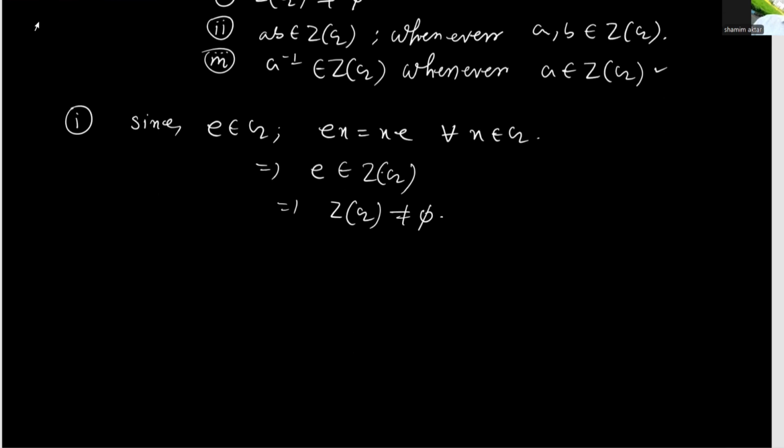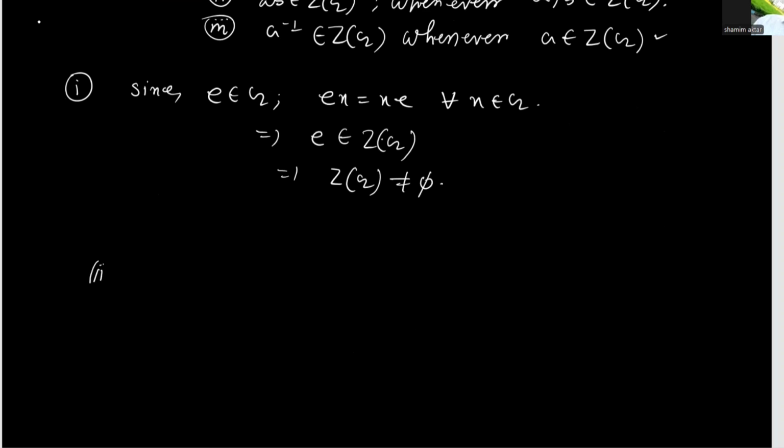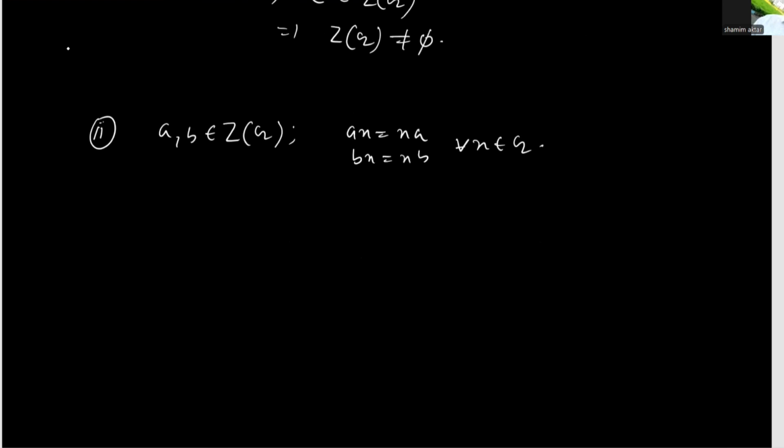Now the second. Let a, b belong to the center of G. Okay, by the definition of the center of G, ax = xa and bx = xb for all x belonging to G. So now (ab)x equals a(bx), that is equal to a(xb) from here.